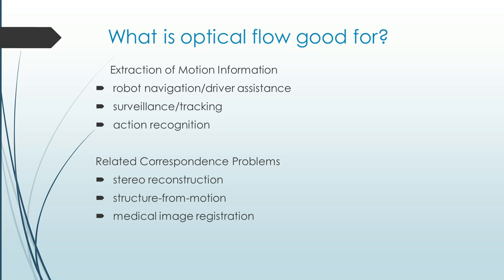Some of the applications of motion extraction are, for example, robot navigation, because we can know the direction of where the images are moving. Also surveillance and tracking, action recognition, and other applications such as stereo reconstruction and medical image registration.